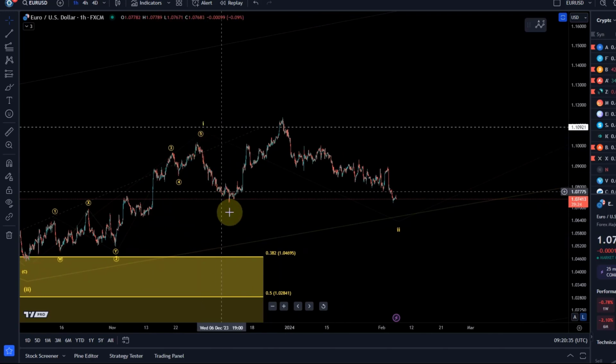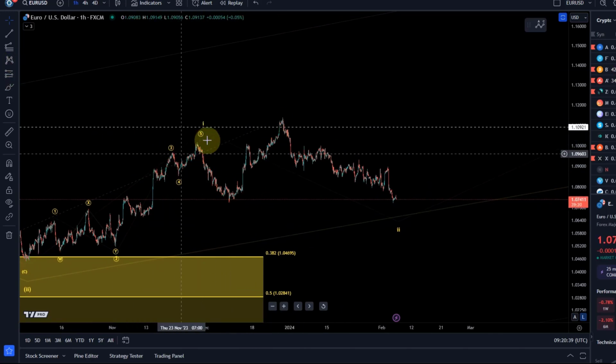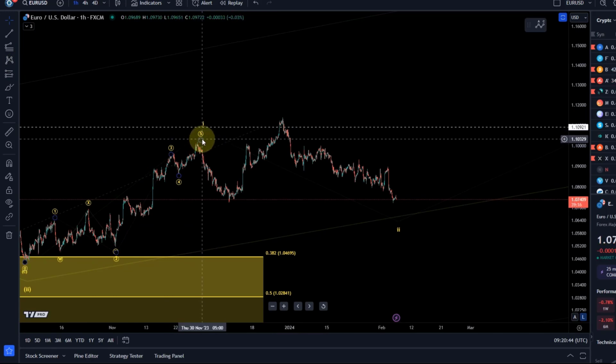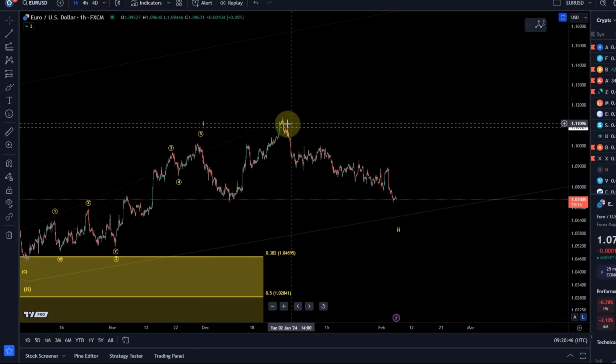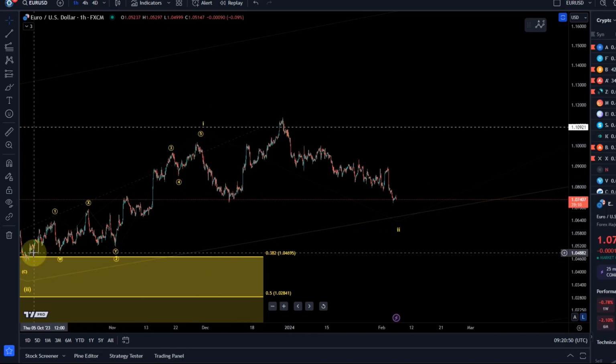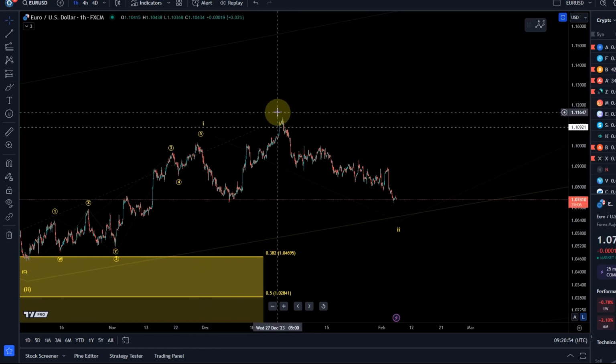This is further confirmed with the concept of a high B wave, because technically speaking, the correction started here, whereas most people who are not using Elliott wave might see this as the top of the trend. I see this as the top of the first structure, and this is simply part of the correction already.